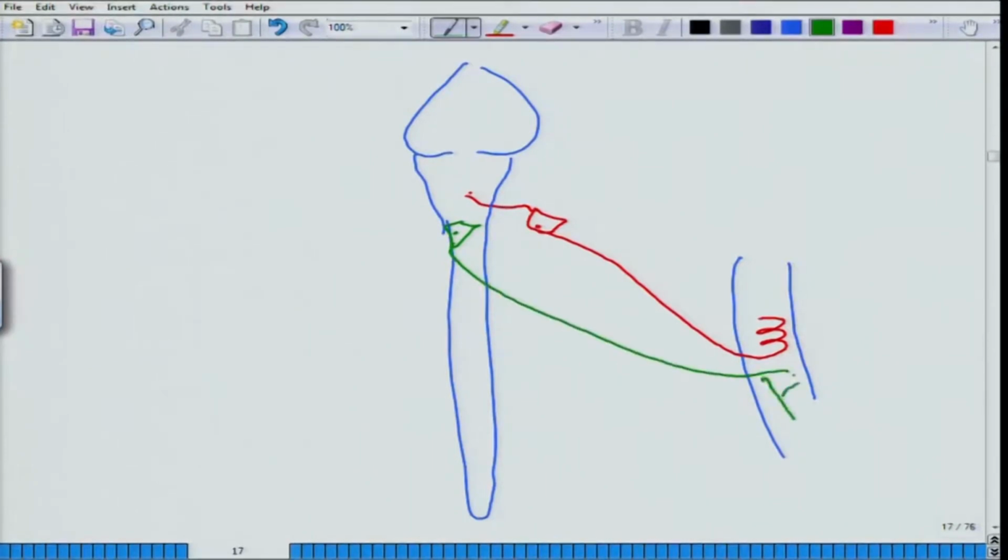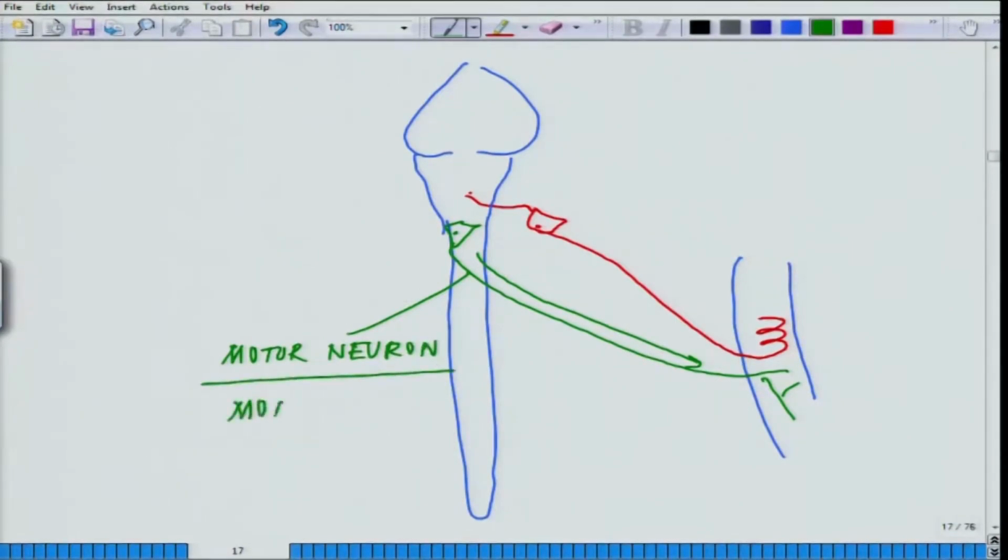And if you remember, the signal which is being brought down from the spinal cord or the brain falls under the motor circuit, or it is taken care of by the motor neuron. Now, we are giving the technical term for it, motor neuron or motor circuit.